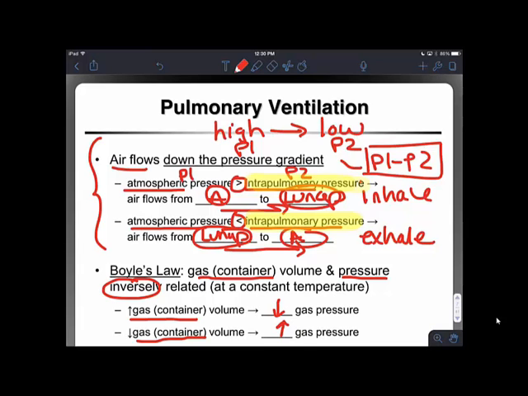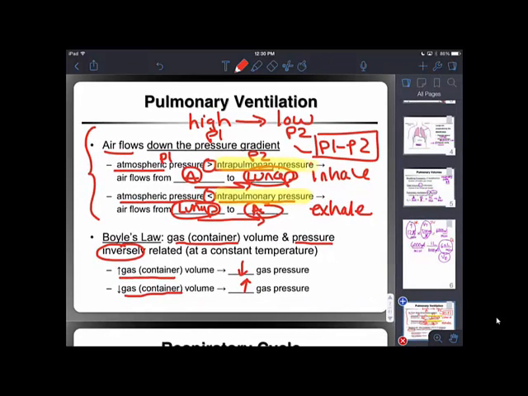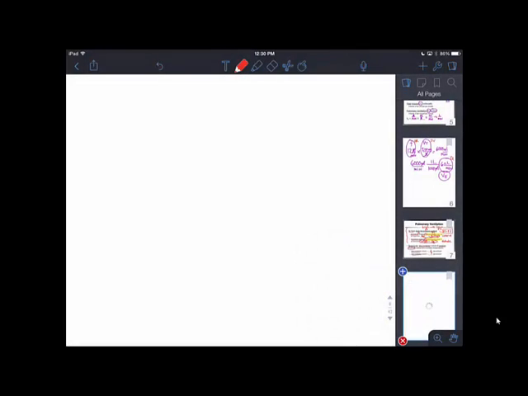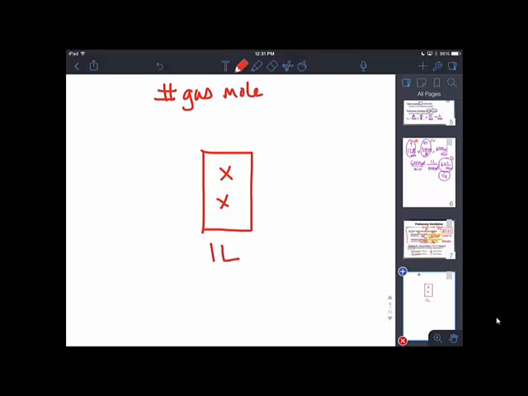Let me just show you what that looks like. You have a container of gas, and let's say this container is 1 liter, and there are some gases in that container. Basically, the pressure of the gases in the container is related to the number of gas molecule collisions.